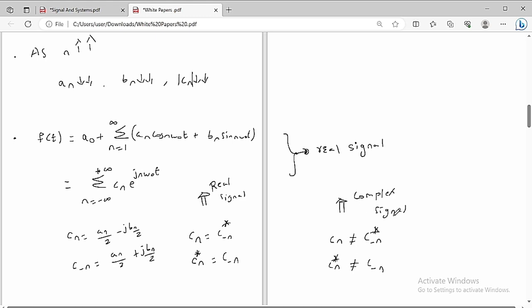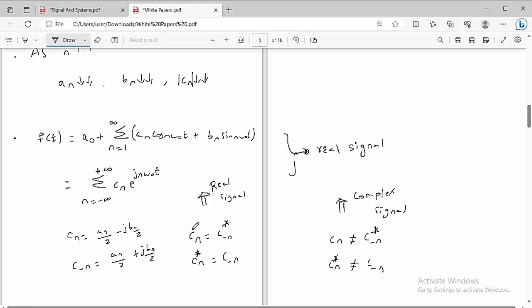So keep this point in mind: Cn equal to C of minus n conjugate, and Cn conjugate equal to C of minus n, is applied only for real value signals. And Cn not equal to C of minus n conjugate applies to the complex signal. Therefore, this concept is valid only for real value signals, and invalid for complex value signals.